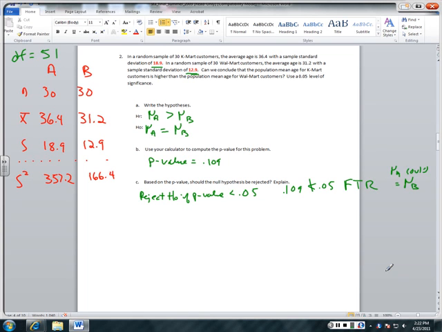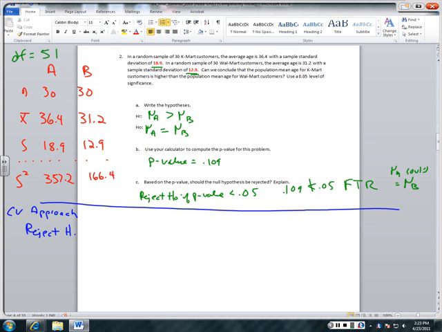Let's see. I'm going to work down here now. Okay, this is the critical value approach. And so I'm going to reject H0 if the t-test statistic is greater than some value.